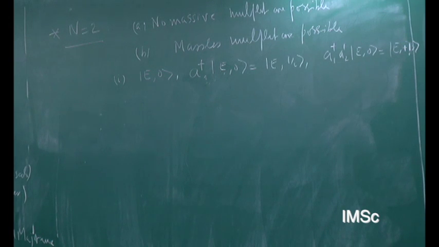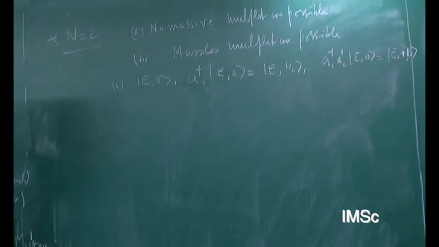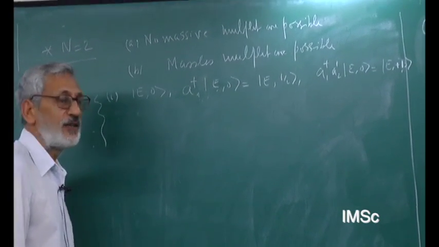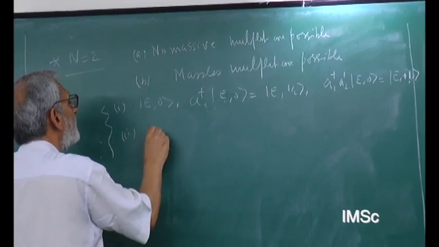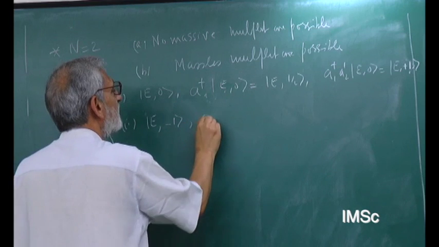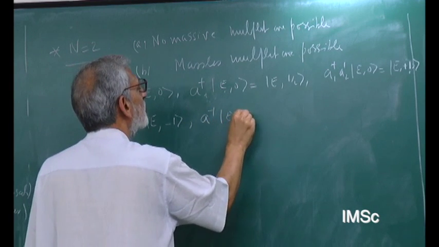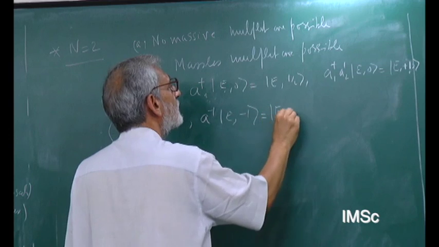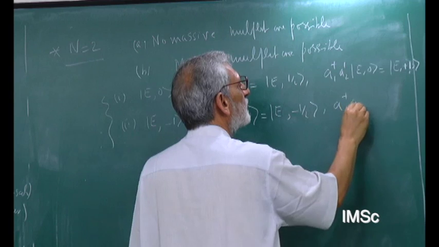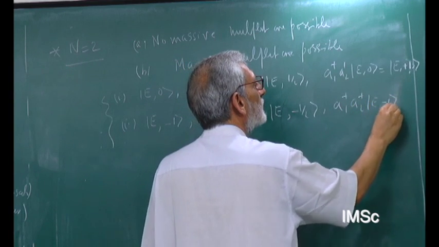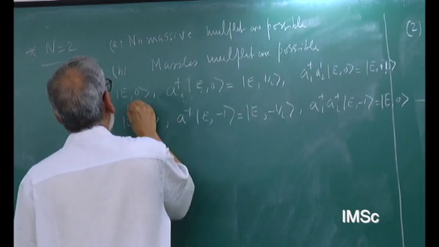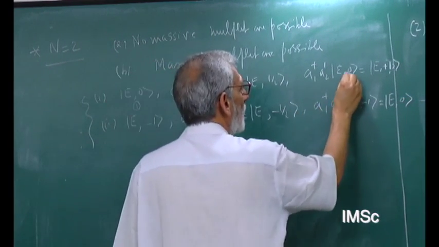Massless representations. And this, we said that it's not CPT self-conjugate. So to this we add E minus half, minus 1. This was one state, these were two states, this was one state.